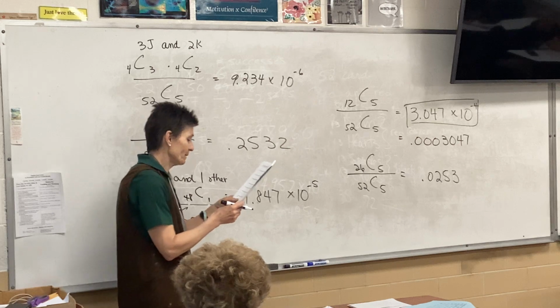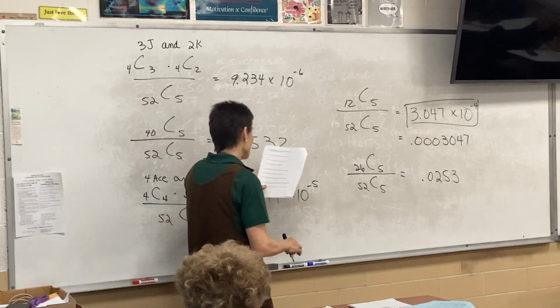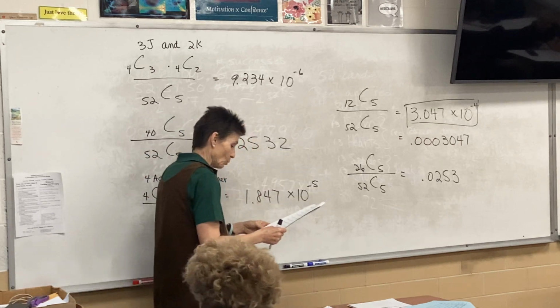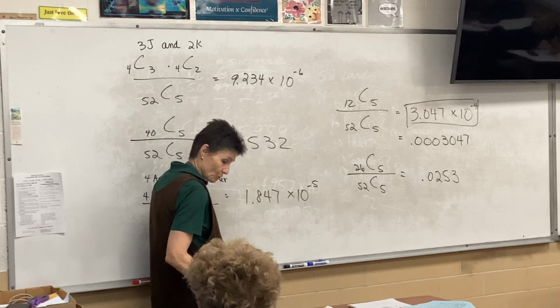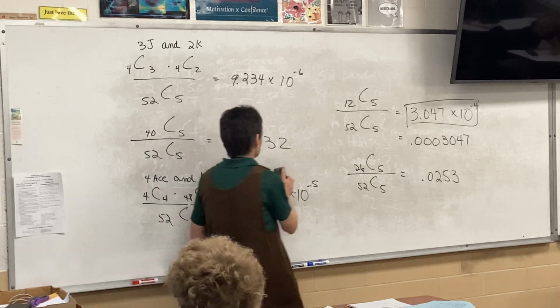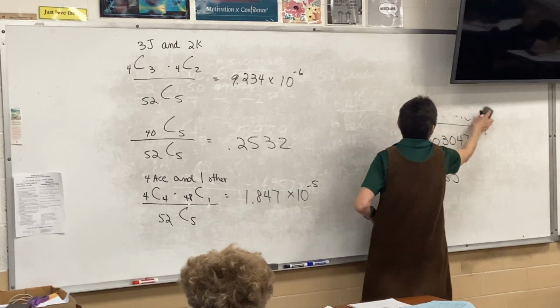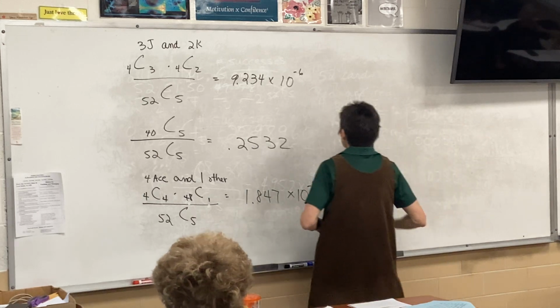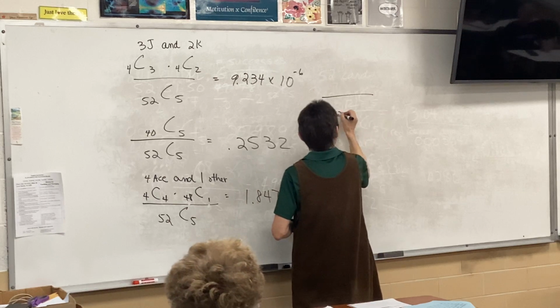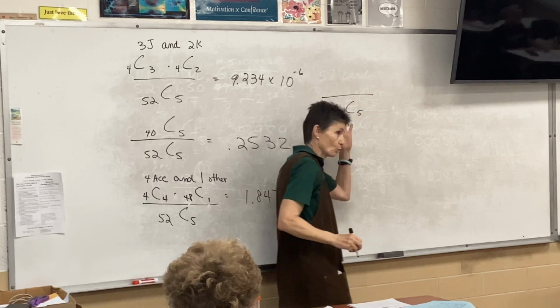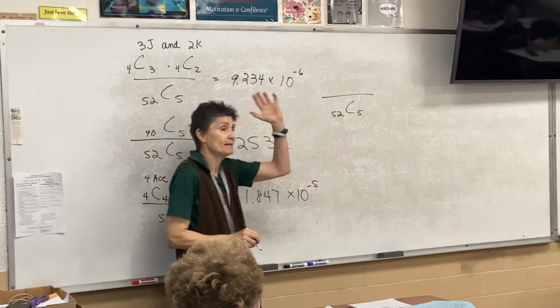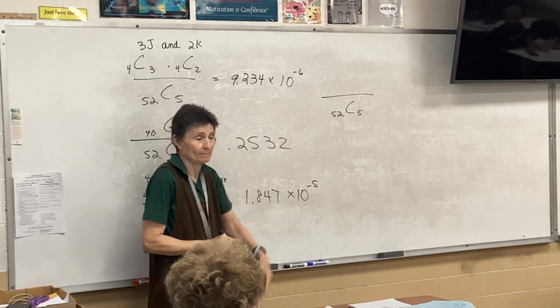All right, what's the probability of being dealt a 5-card hand having 2 tens, 2 jacks, 1 queen? 2 tens, 2 jacks, 1 queen. What's my denominator? 52C5. Probability means a fraction, kids. You're going to have a denominator in every probability question.